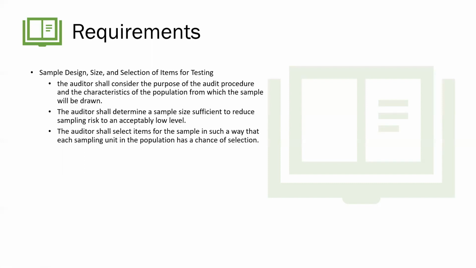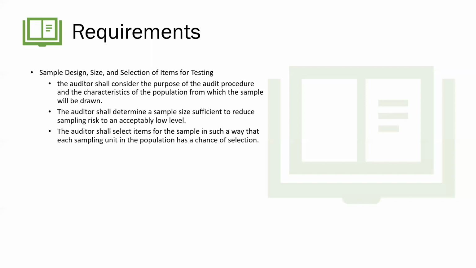So if I want to test, for example, completeness, I need to then consider the population from which I'm selecting my sample for completeness. The direction of testing based on the purpose of my audit procedure will tell me which population to use for me to be able to test completeness.